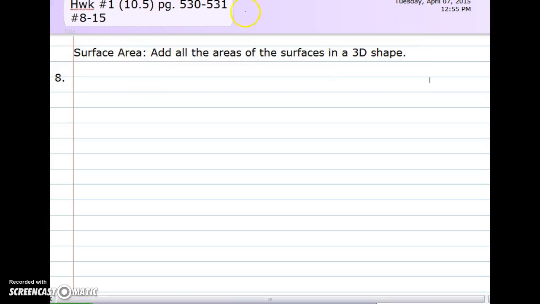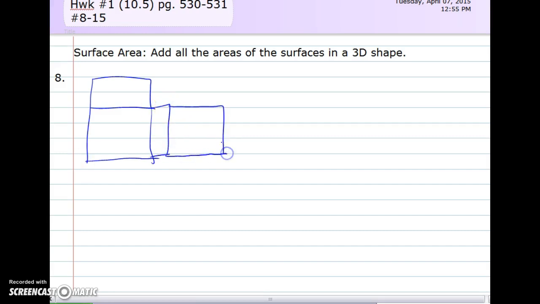Number 8, the picture drawn out for you is already everything laid out flat. So the shape that we're going to get when we put it all together would end up being what? Well, because I see 6 rectangles, I know that 2 of the rectangles would act as my bases.